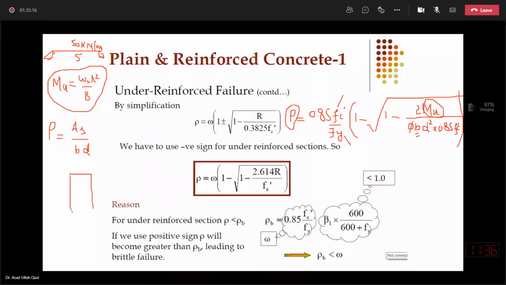Obviously, in selection of the b and h, architectural considerations as well as serviceability requirements, that serviceability will dictate that your h should not be less than this limit.